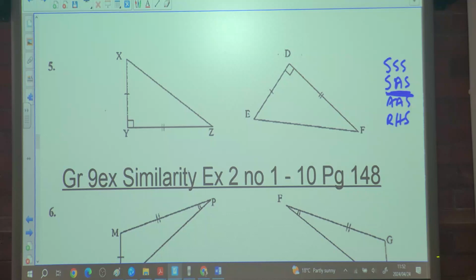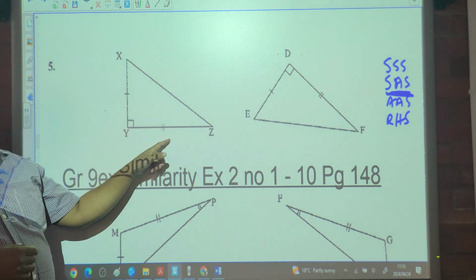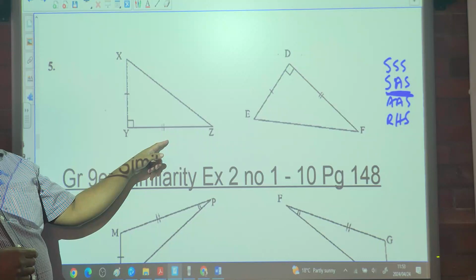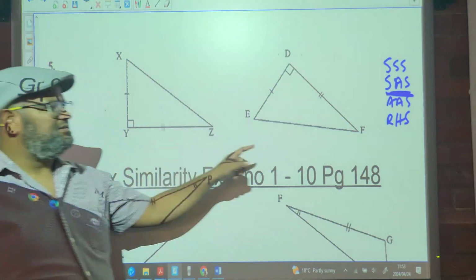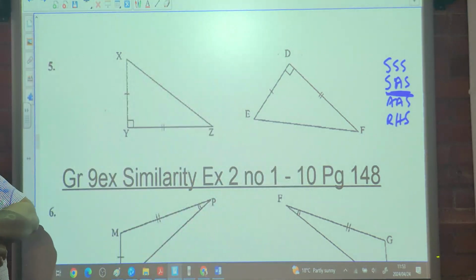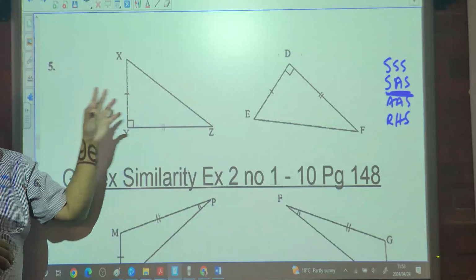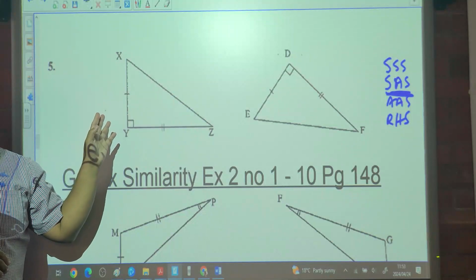Yes. On what account of congruency are they equal? Side, angle, side. Why not RHS? You'll be using a right angle. So why not RHS? We're not using the hypotenuse, or the hypotenuse is not known to us to be equal.